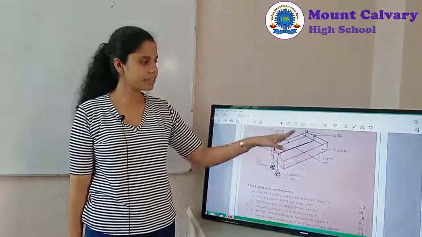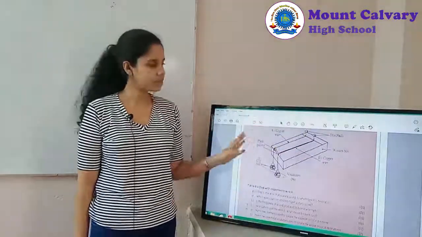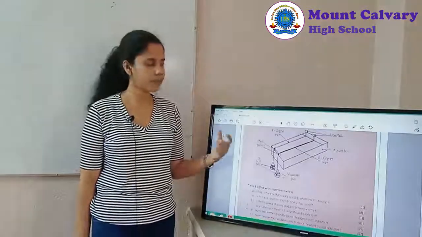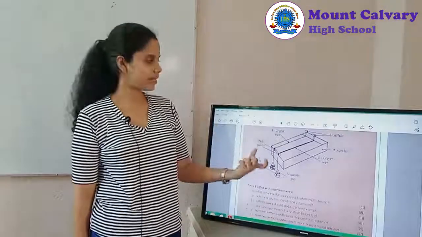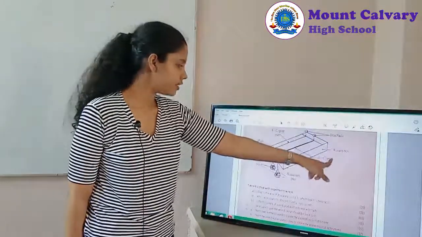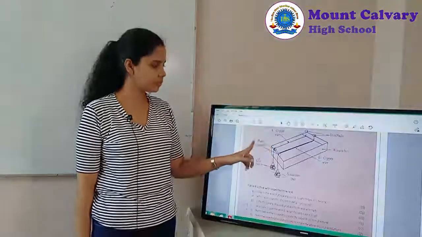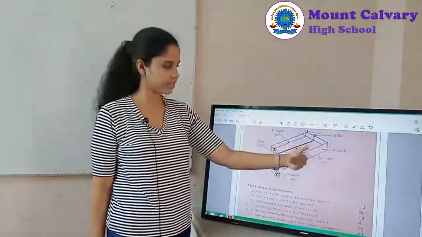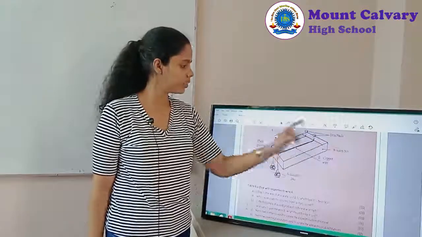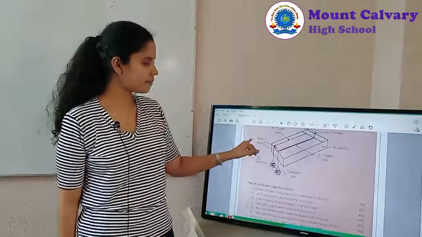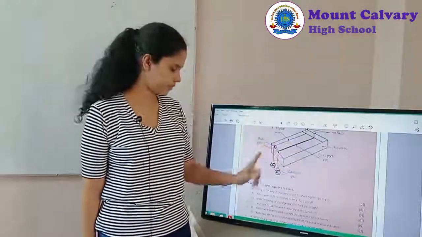Electrical insulators are materials through which electricity won't flow. So what are the insulators here? Wooden and plastic, right? We can't conduct electricity through wood and plastic. So the two insulators are plastic and wood.